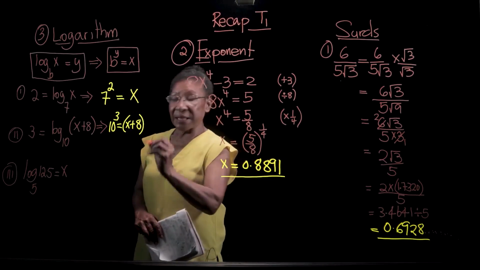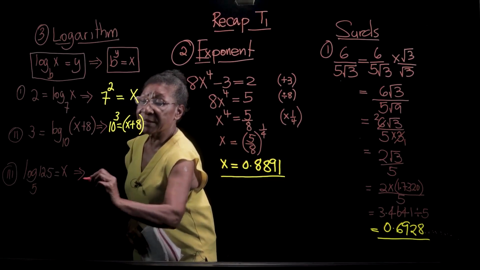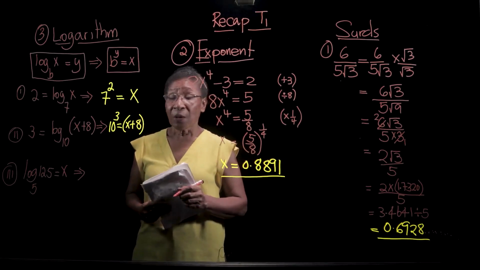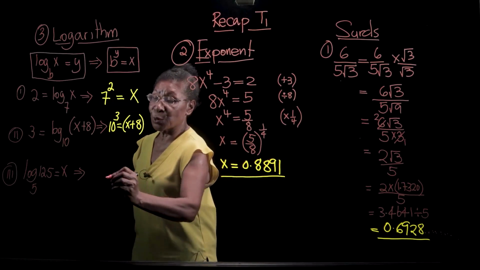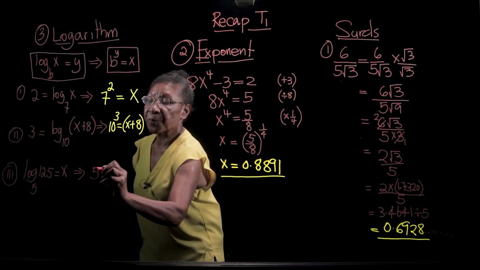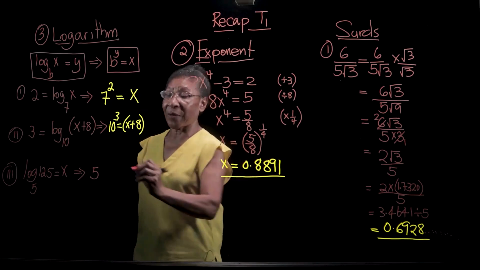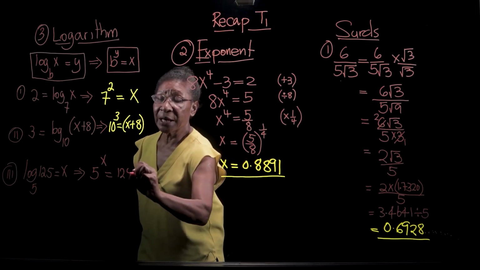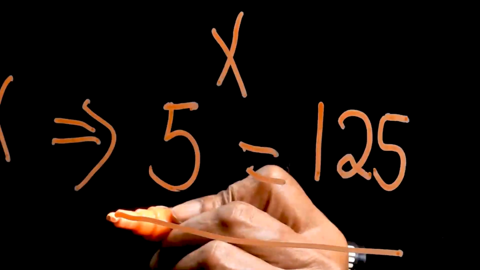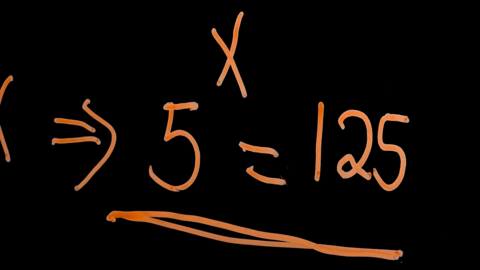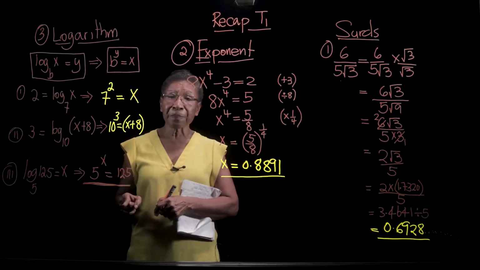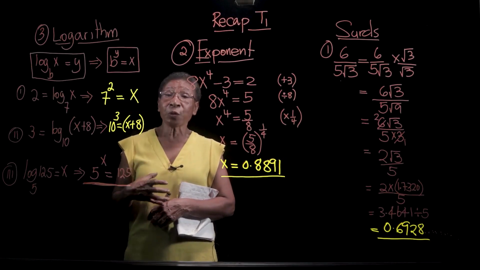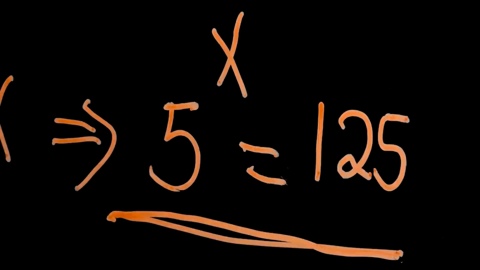That simply means when trying to understand its relationship as an exponent or exponential expression, it gives us the base 5, all of that raised to the power of x, and its result is 125. That brings us to the end of the examples on logarithm, and the 3 examples that recap what we have covered in Term 1.